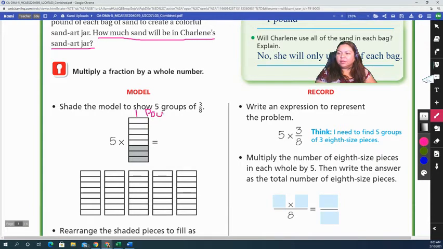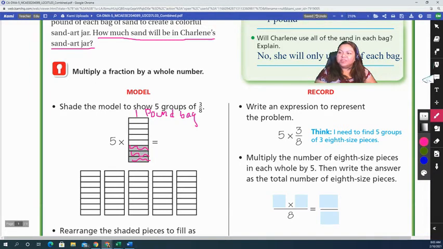And we have 5 of those. Each bag, we're only going to be using 3/8 of the bag, right? That's why our model of 1 bag is divided into 8s. 1, 2, 3, 4, 5, 6, 7, 8. And we're only using 3 of those 8s. And so we have shaded in 3. 1, 2, 3.